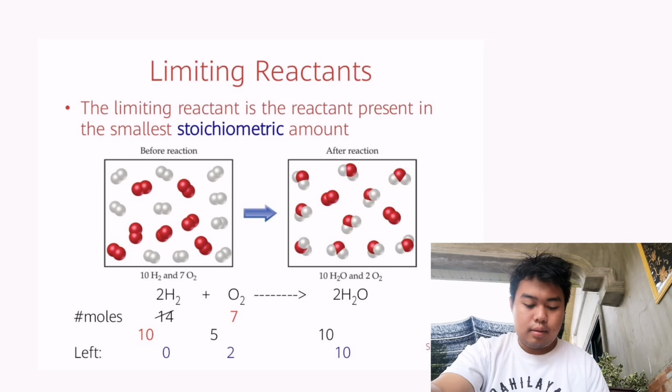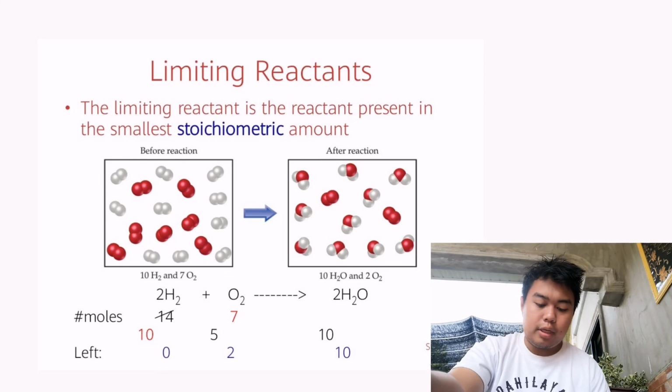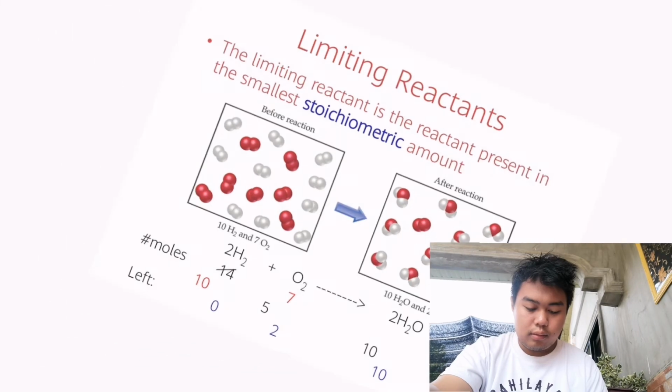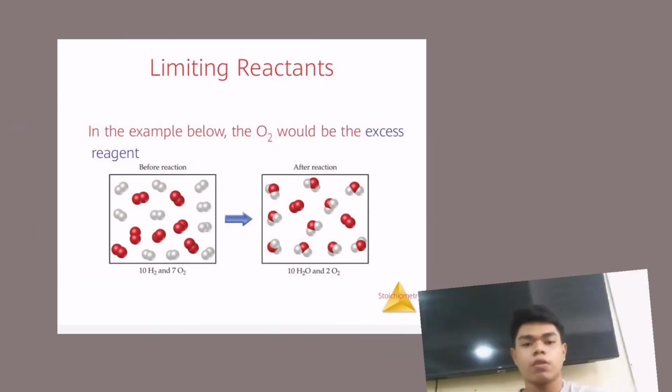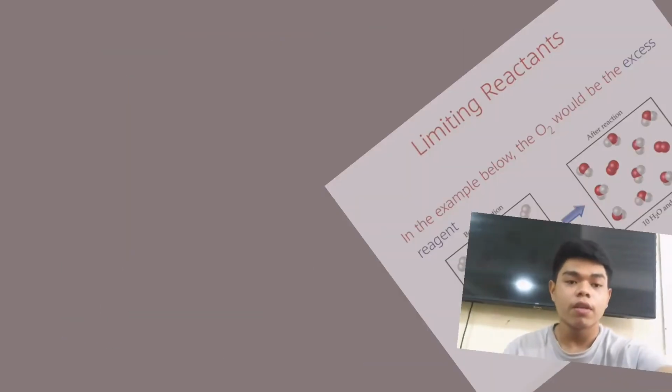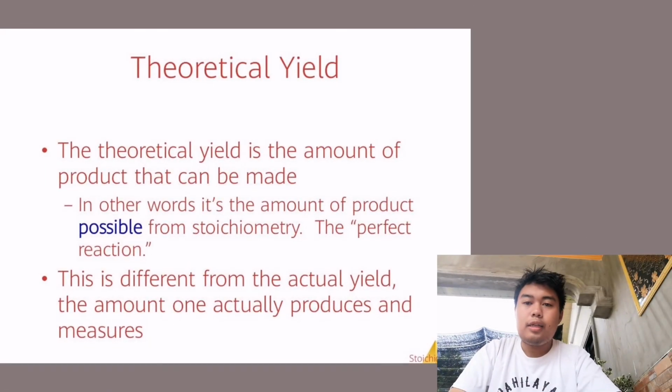Limiting reactants. The limiting reactant is the reactant present in the smallest stoichiometric amount. In the example below, the oxygen will be the excess reagent. Theoretical yield. The theoretical yield is the amount of product that can be made.